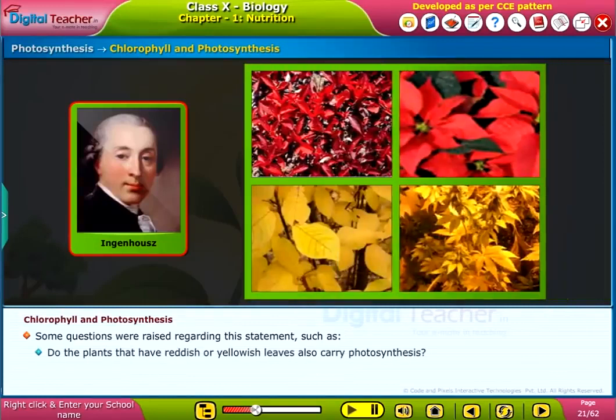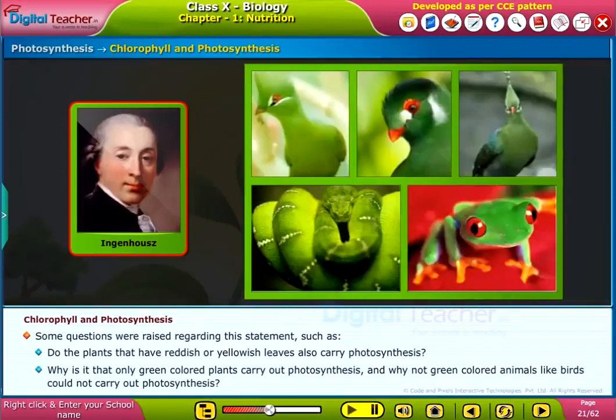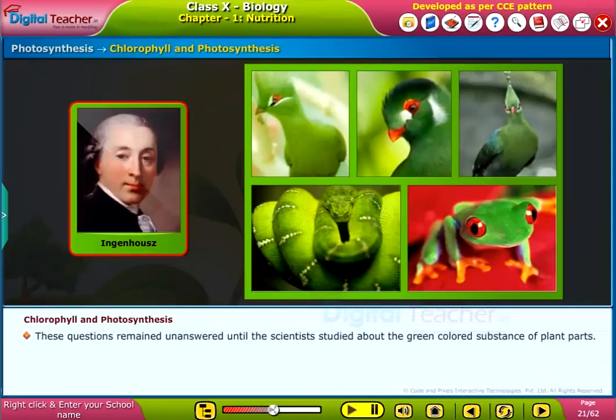Do the plants that have reddish or yellowish leaves also carry out photosynthesis? Why is it that only green-colored plants carry out photosynthesis, and why could green-colored animals like birds not carry out photosynthesis? These questions remained unanswered until the scientists studied the green-colored substance of plant parts.